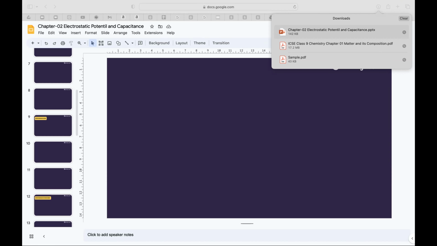Yes, sir. The first point we are going to see is electrostatic potential and potential difference. First thing we need to understand is when you will use the word electrostatic potential, when you have an absolute value.